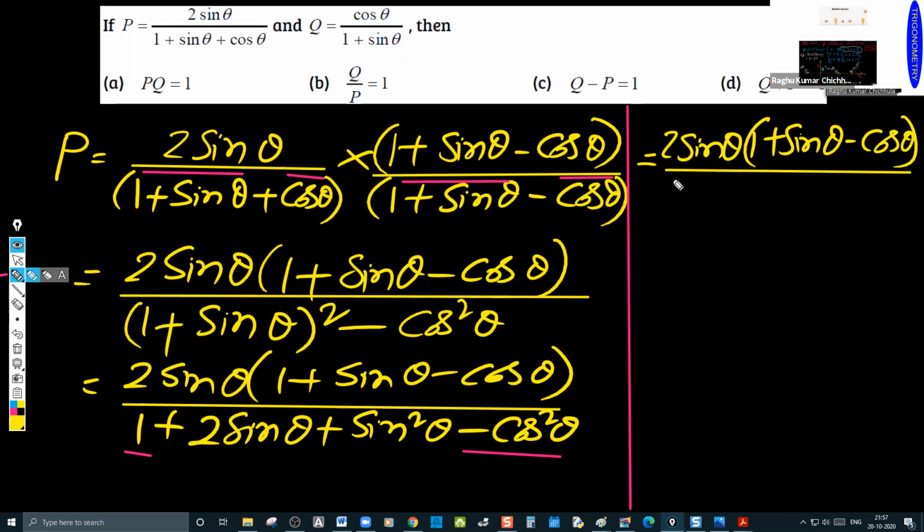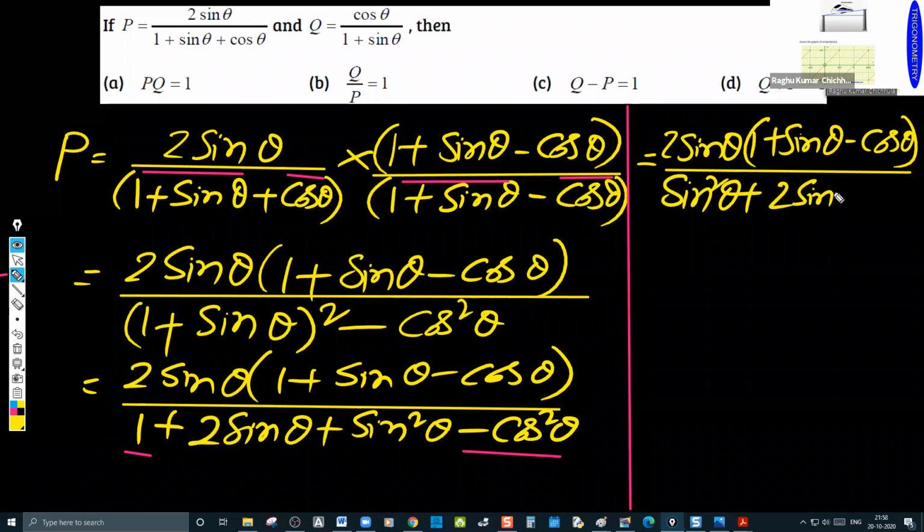Instead of 1 minus cos square theta, let us write sin square theta plus 2 sin theta plus sin square theta. Is it right what we are writing?